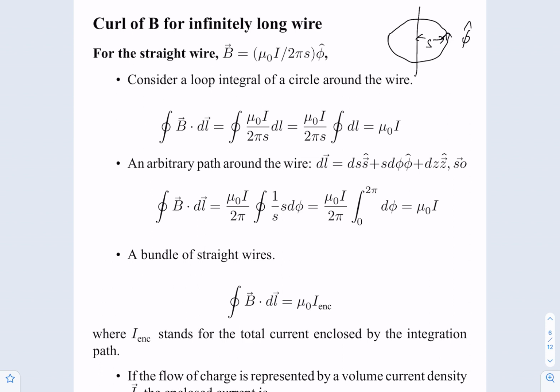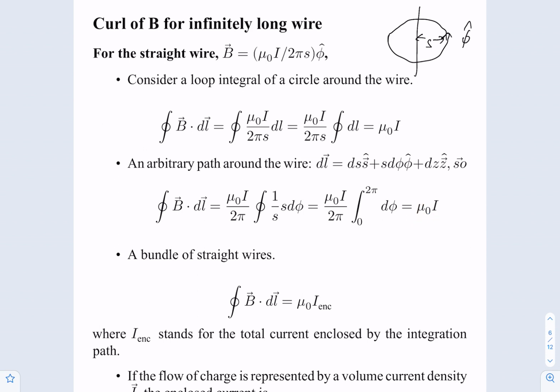So in the end, what we have is simply an integral along the phi direction from 0 to 2 pi. This means that we don't need a circular path to enclose this wire; an arbitrary path that encloses this wire will give the exact same result. That will always be mu naught times I.